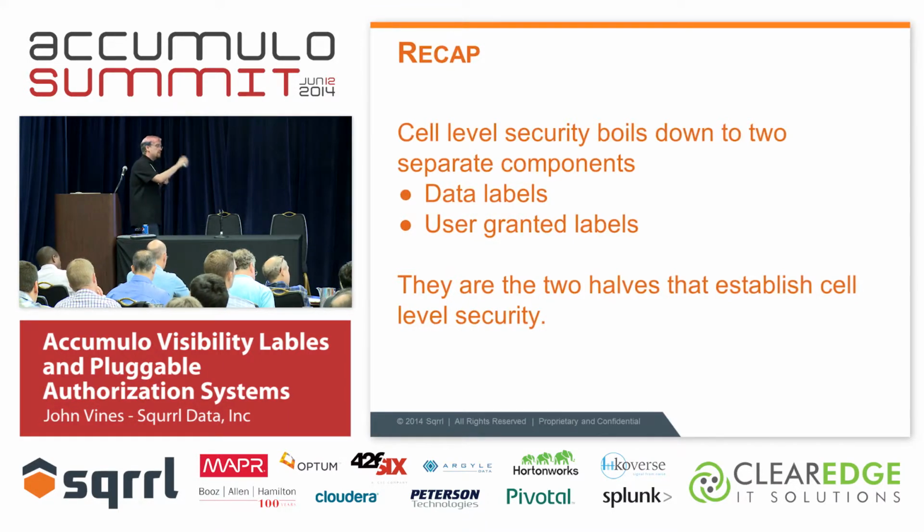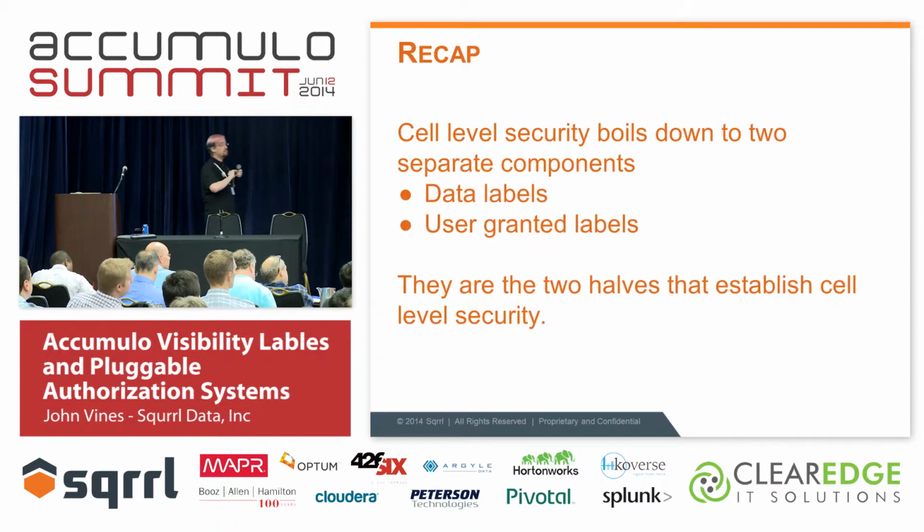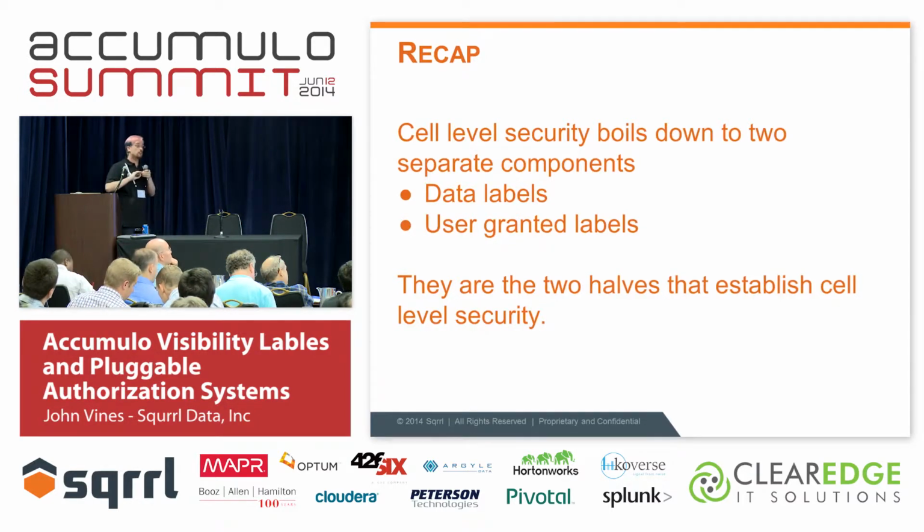And so between the combination of the visibility labels, the data labels, and the ability for the authorizer to control granted labels and how people access them, you have two components that individually don't form a whole security story. But when you take the two of them, they are cell-level security. And if you put the two together, magic happens. And this is our love story for why the two of them together coalesce to form a full security picture.